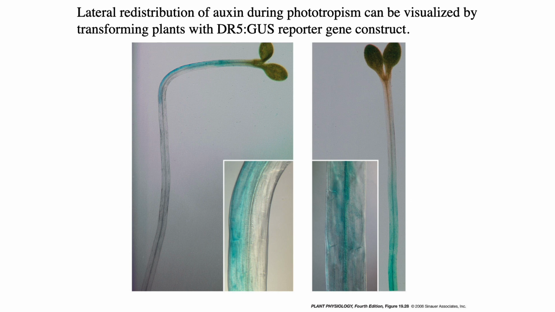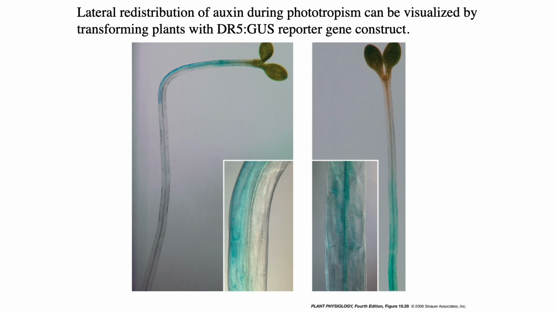Here we see the lateral redistribution of auxin during phototropism, which is visualized by transforming plants with a DR5::GUS reporter gene construct. The construct is a sensitive reporter of the presence of auxin.